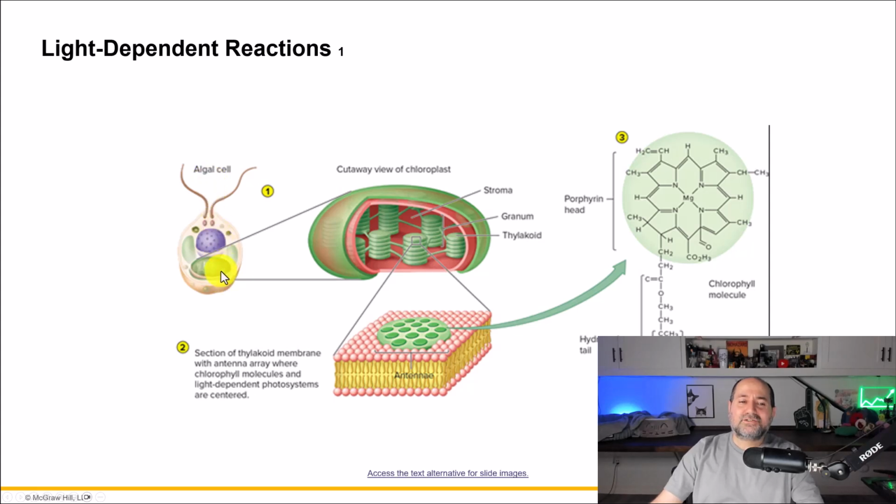However, it occurs in the thylakoids, pretty much in the cell membrane and the thylakoids of prokaryotic cells. Because remember, cyanobacteria, which are photosynthetic bacteria, don't have chloroplasts.